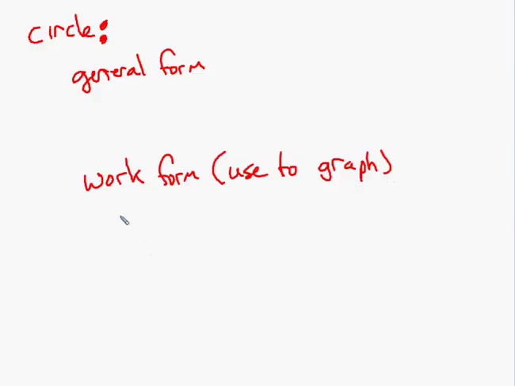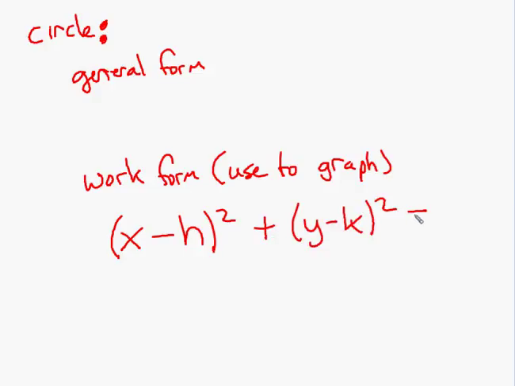Our work form for a circle is: x minus h squared, kind of like vertex form, plus y minus k squared equals r squared.